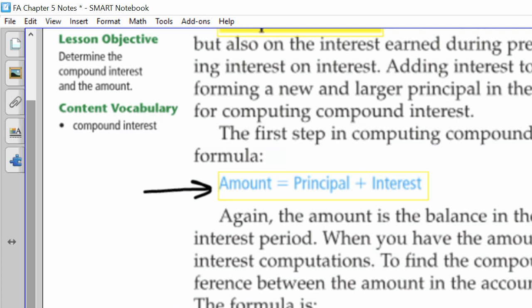So you let the time go, boom, calculate the interest. When you have the amount, you do a series of simple interest computations. To find the compound interest, you find the difference between the amount in the account and the original principal. The formula is compound interest is equal to amount minus original principal.